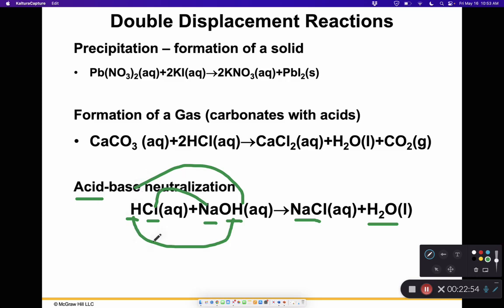Whenever we have an acid and base reaction, it forms salt. So NaCl is the table salt, right? It forms salt and water. That is the general product of the acid-base reaction. All these acid-base reactions, the precipitation reaction, and the reaction of carbonate with acid are good examples of double displacement.